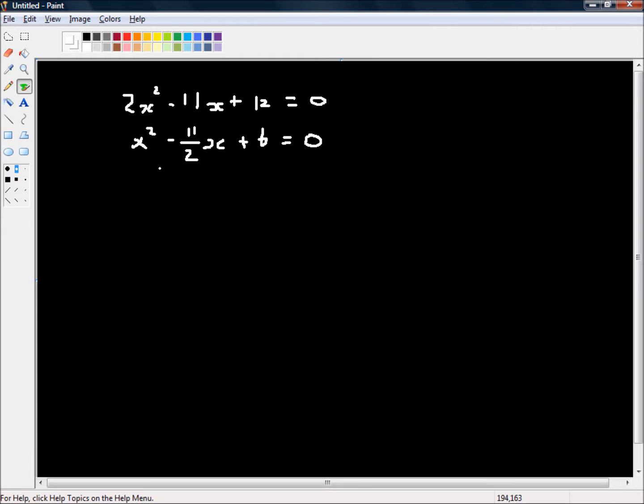Okay then, so the next step is to halve the x term and then square it. Well, negative 11 over 2 when halved will become negative 11 over 4, and when squared that will become positive 11 squared over 4 squared, which is 121 over 16. So we've got to add 121 over 16 to both sides of the equation.